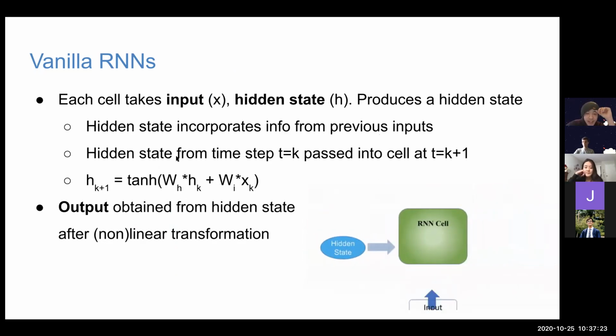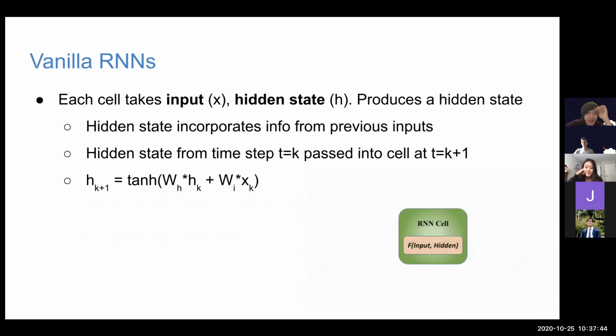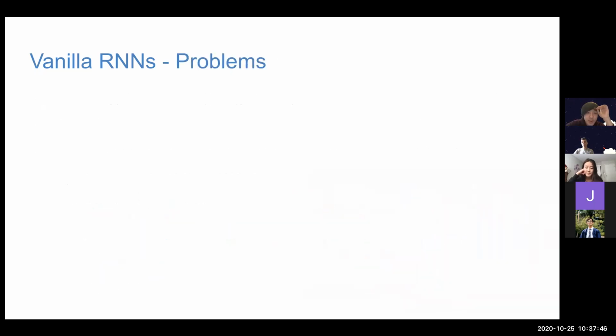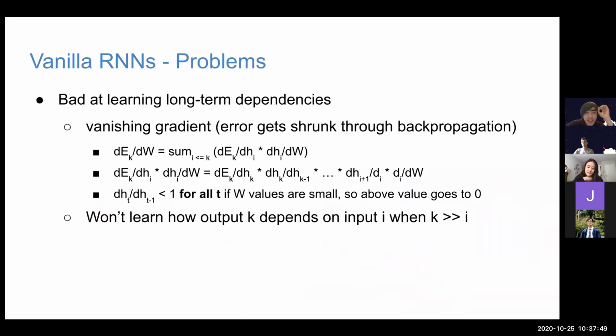So if weight sub h is really small and tanh is always between -1 and 1, then you can imagine that at every time step, the absolute value of the derivative of h k plus 1 with respect to hk has to be less than 1. So if we go back to here, that means that each of these factors in that product is going to be less than 1.